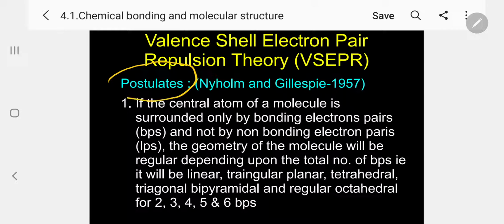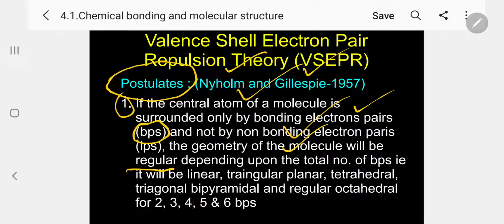There are 5 postulates. This was introduced by Nyholm and Gillespie in 1957. Postulate number 1. If the central atom of a molecule is surrounded only by bonding electron pairs, please note, bond pairs, usually represented by BPs, and not by non-bonding electron pairs, LPs, the geometry of the molecule will be regular, depending upon the total number of bond pairs.